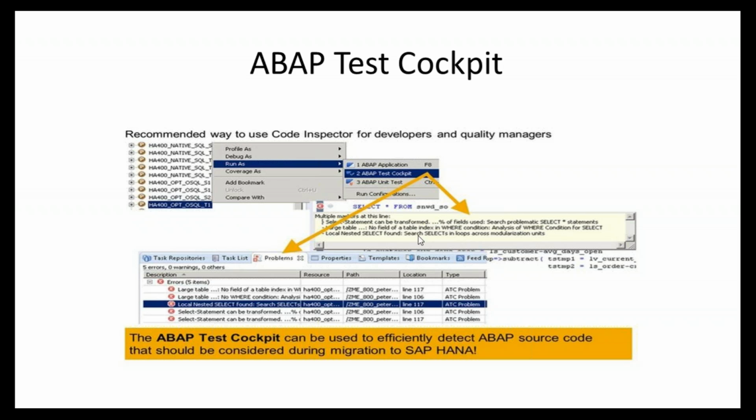This is ABAP Test Cockpit. Test cockpit is something wherein we can find out the issues. Like we have something called extended program check and all these things. This ABAP Test Cockpit will be there in the normal ABAP as well. So we'll be seeing what issues we have. It shows that local nested select statements should not be there.